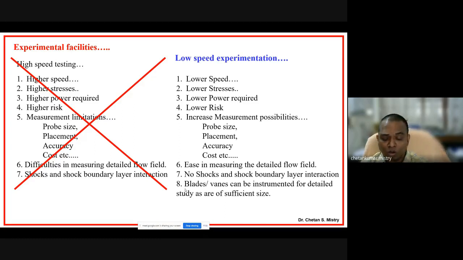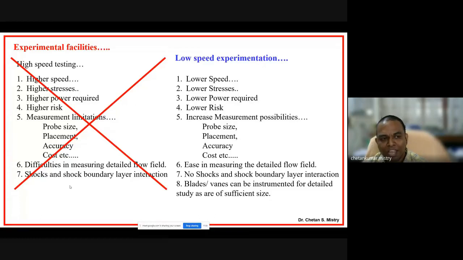This is what we are doing here at IIT Kharagpur, experimentation at low speed. You can understand, if I want to make this facility at high speed, it may cost me 20 crores for the development of that facility.